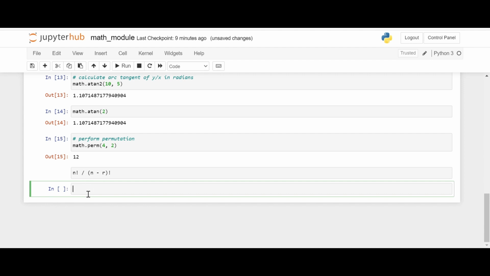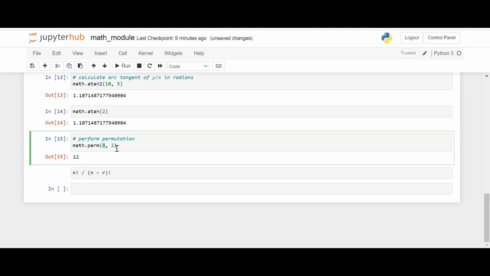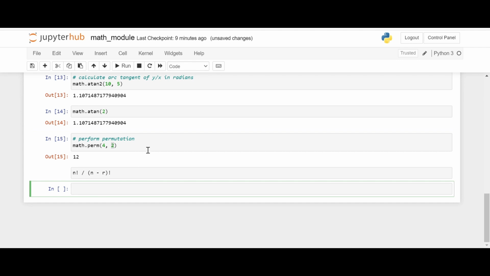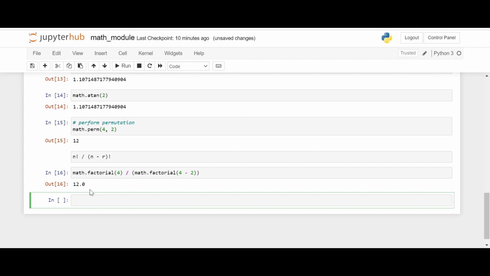So this is the formula. So n is 4, r is 2. So math dot factorial 4, this is n factorial, and math dot factorial 4 minus 2, n minus r. So we get 12. So this is what this function is doing.